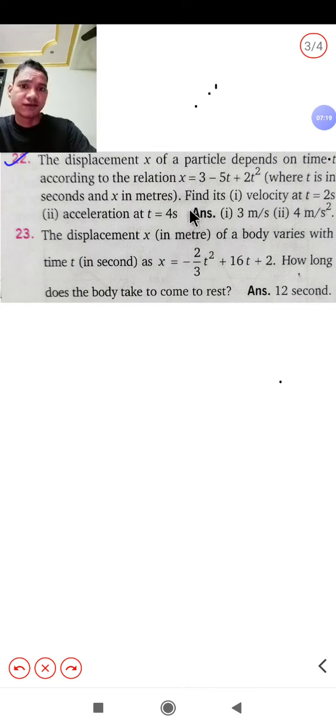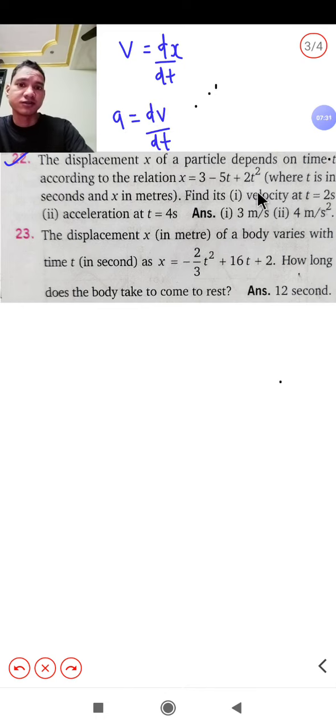So if I differentiate it one time with respect to time, I'll get the expression of velocity. And what is acceleration? dv by dt. Alright, so let's differentiate this equation with respect to dt. 3 minus 5t plus 2t square.